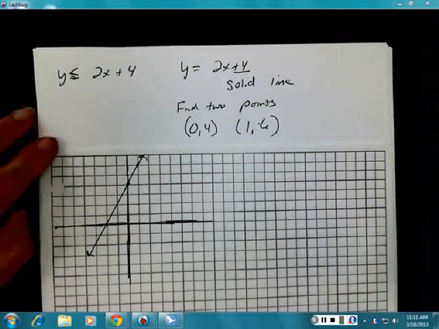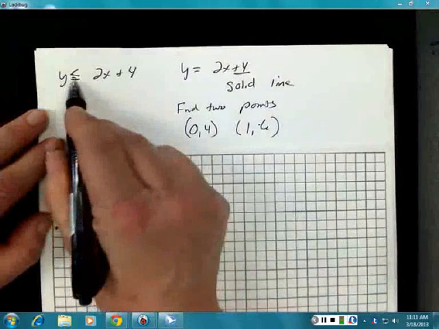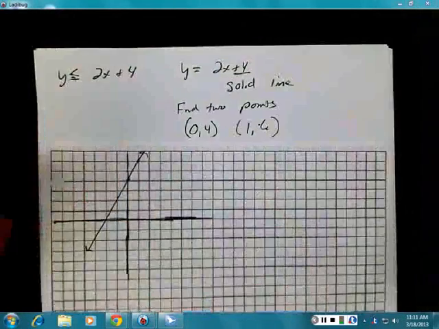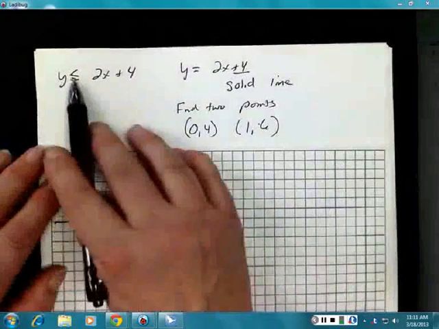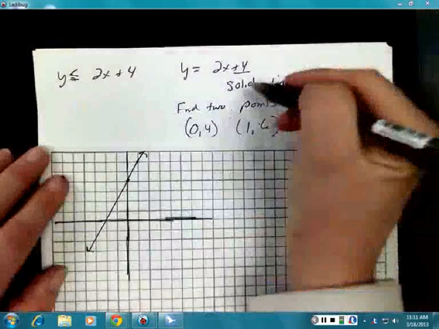So if in your inequality you've got an equal sign right here, then my line is solid. If I don't have an equal sign in there, then it's dashed.